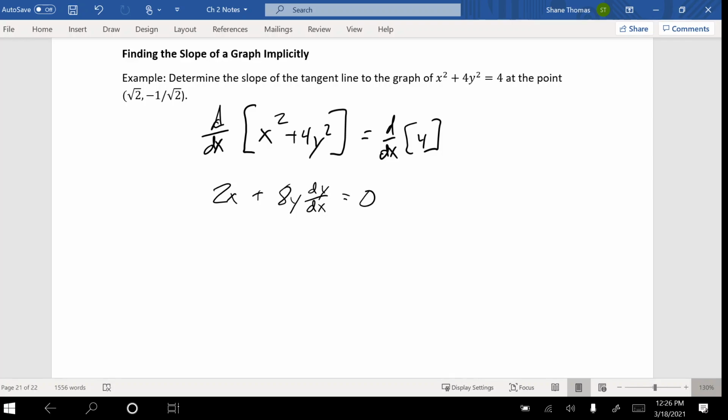Okay, we only have one term we have to move to the right side now. Is that 2x, right? 8y dy/dx equals negative 2x. Divide both sides by what? 8y. So I have dy/dx is equal to, simplify a little bit, 2/8 simplifies to 1/4, or just negative x over 4y.